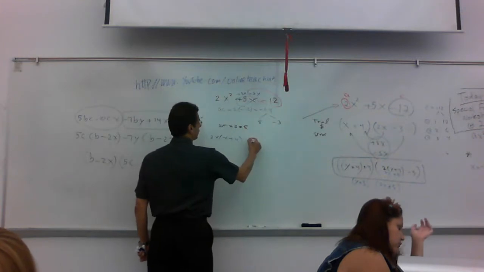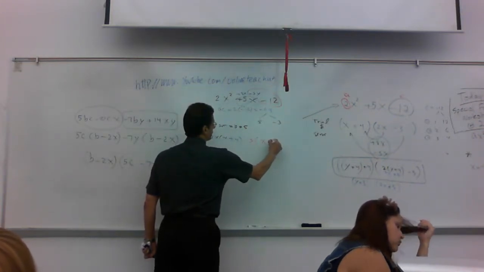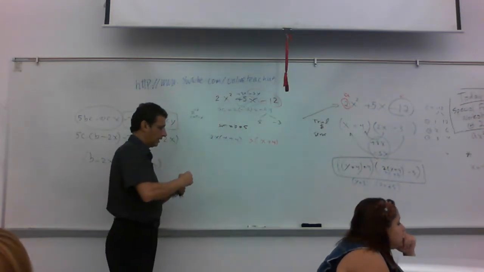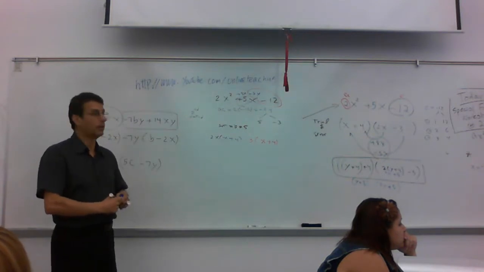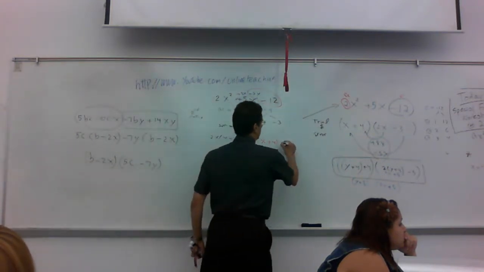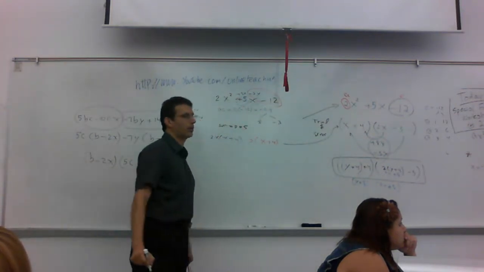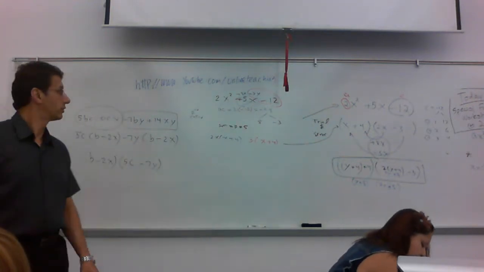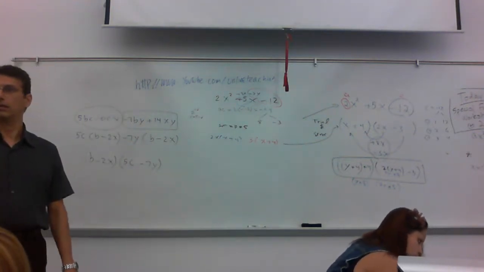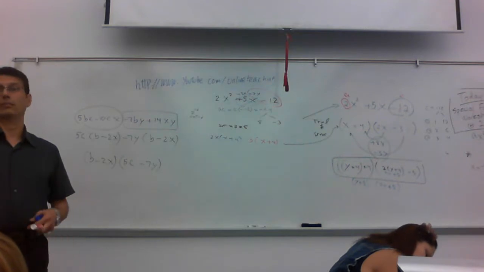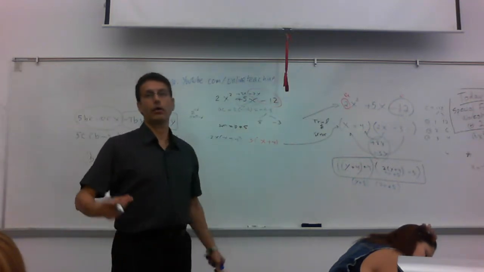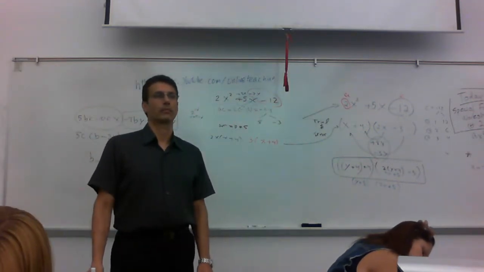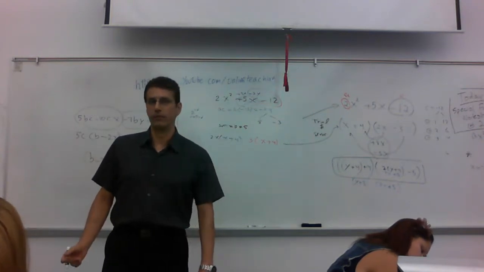Negative 3 times what? x. And that gives you the same thing, right? x plus 4 times 2x minus 3, doesn't it? So, don't mix up the two methods. The trial and error, you do it in your mind. Grouping, you have to come up with numbers.